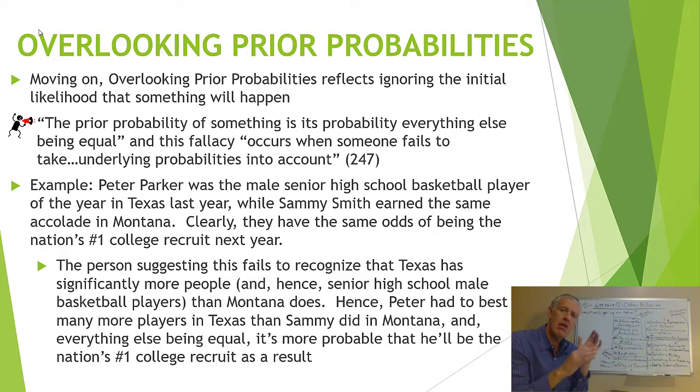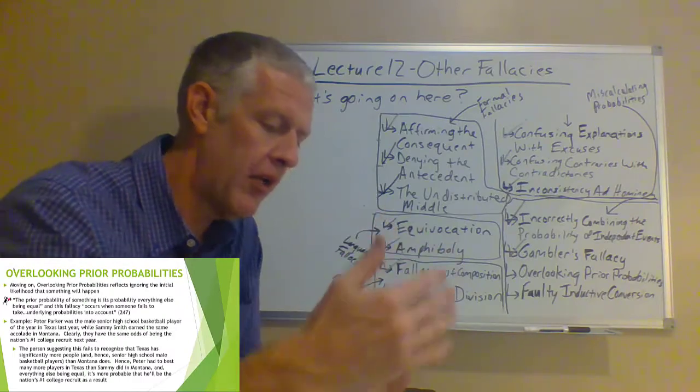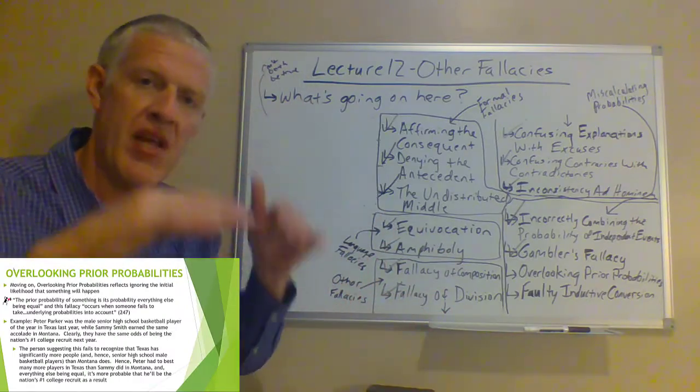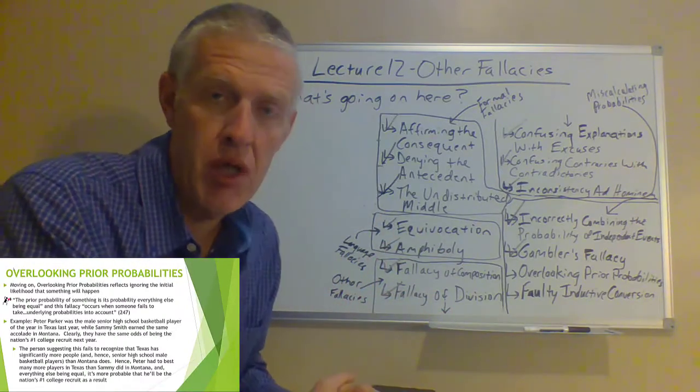In fact, Peter Parker is going to have a much higher likelihood of being the #1 college recruit because he had to beat out many more competitors to earn his accolade in Texas than Sammy Smith did in Montana. To come to that conclusion would be a mistake, to assume they have the same odds of being the #1 college recruit.